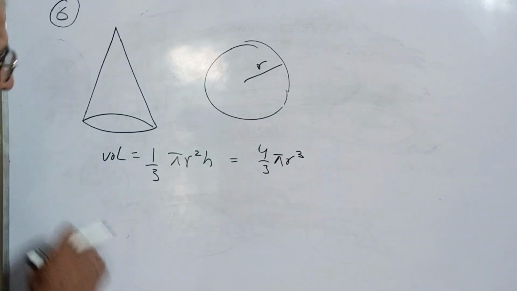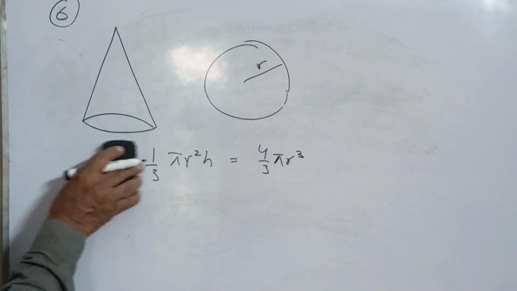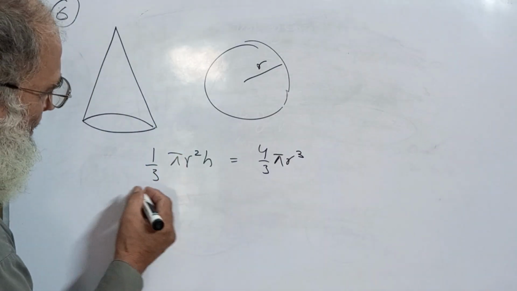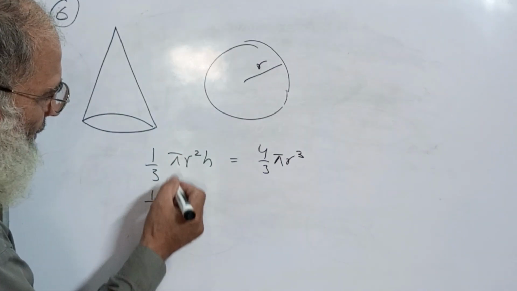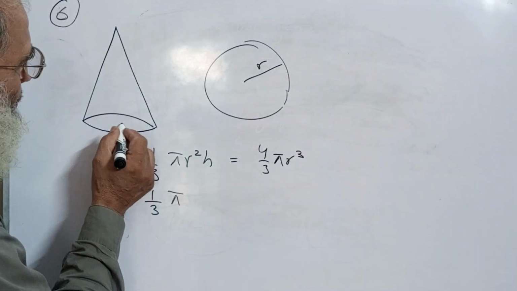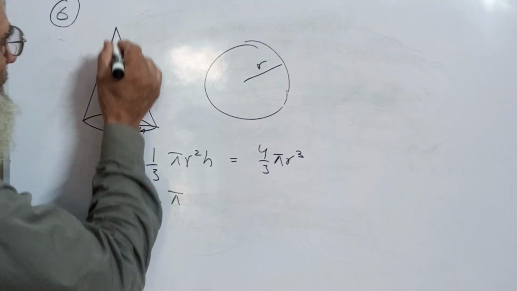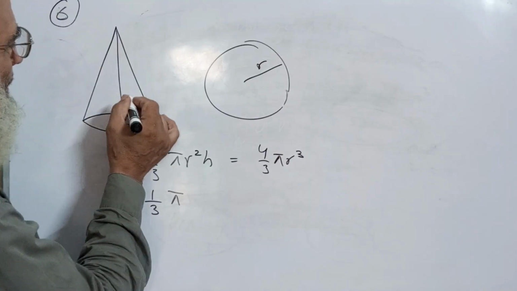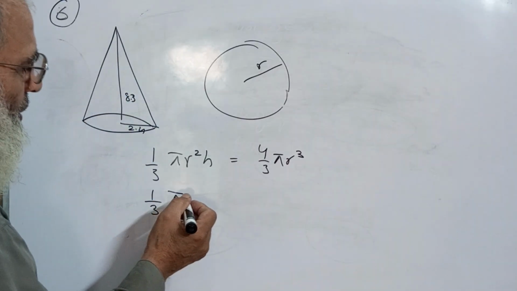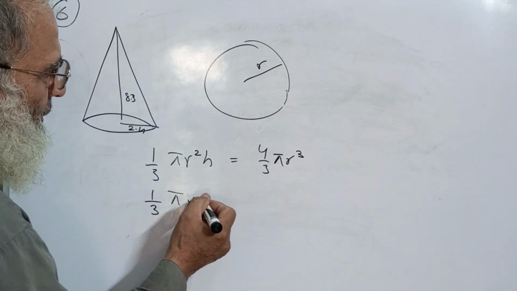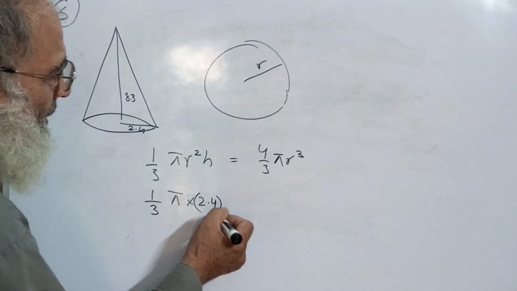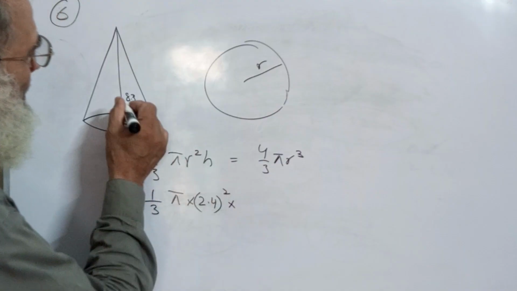For the cone we are given 1 by 3 and pi, r is 2.4 centimeters and height is 8.3 centimeters. So 2.4 the whole square, and h is 8.3.